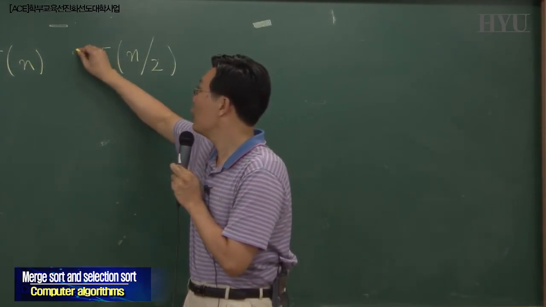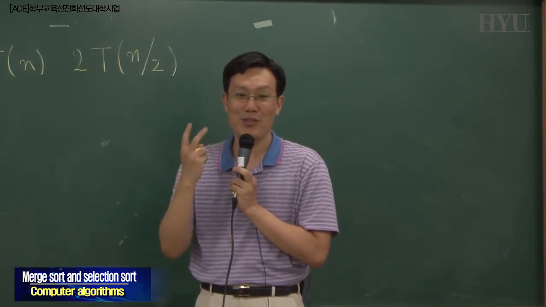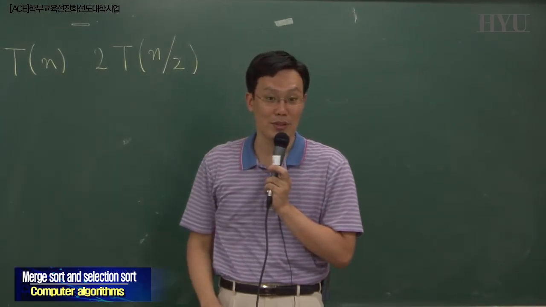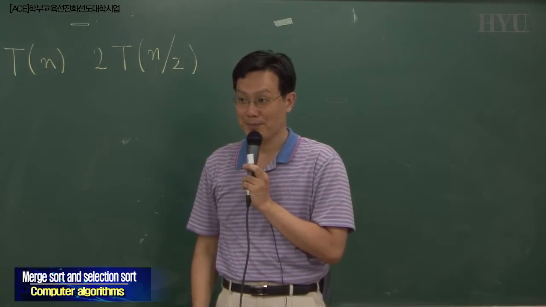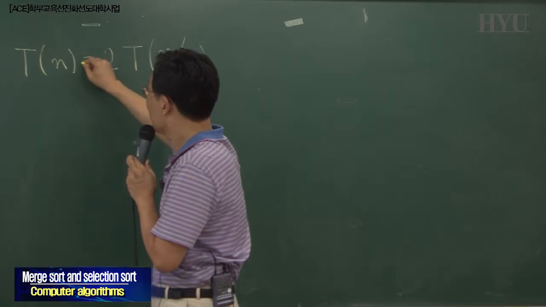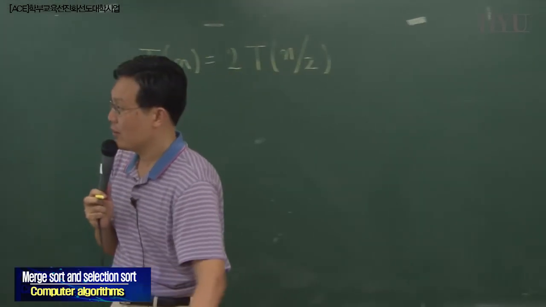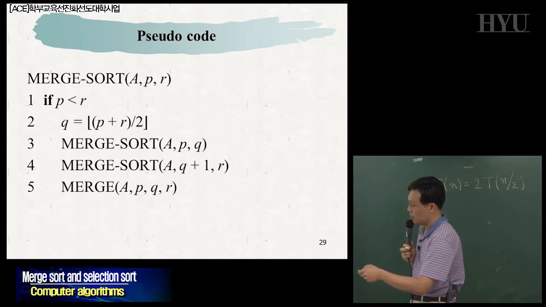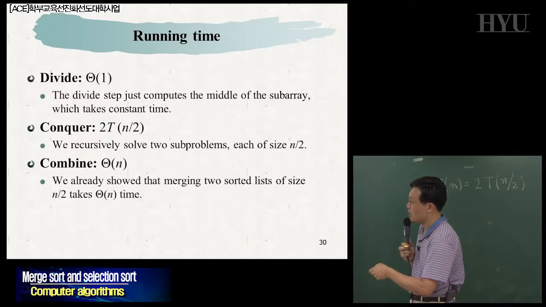And there are 2 of them. We have 2 recursive calls, so the running time is doubled. Okay? So I explained up to the conquer step.